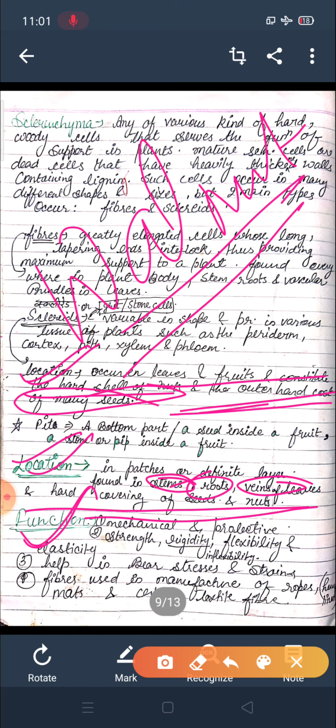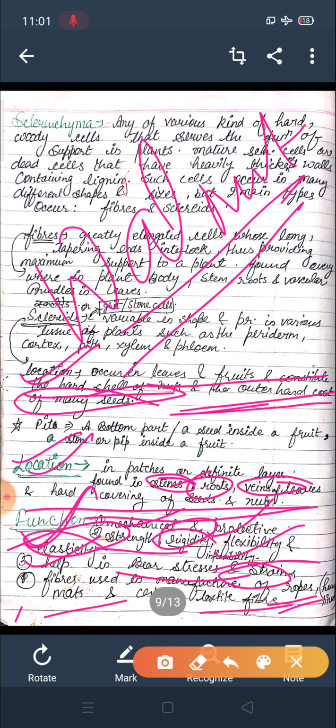Their function is mechanical and protective support, strength and rigidity, flexibility, and also inflexibility, elasticity. It helps in bearing the stress and strains of the plant. Fibers are used in manufacture of ropes, mats, and certain textiles. I have explained that coconut fiber is used as ropes and textile fibers.